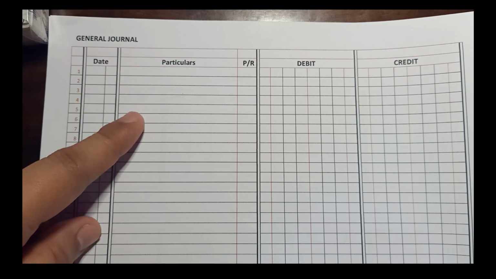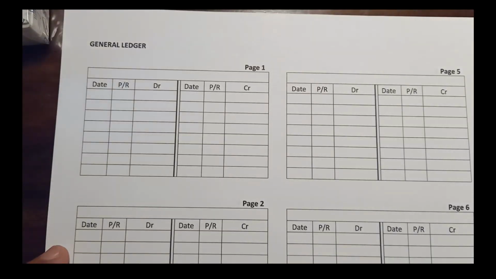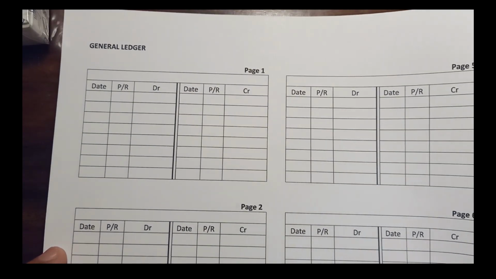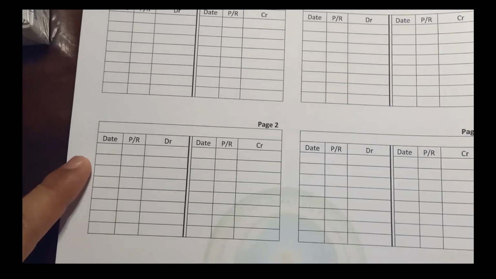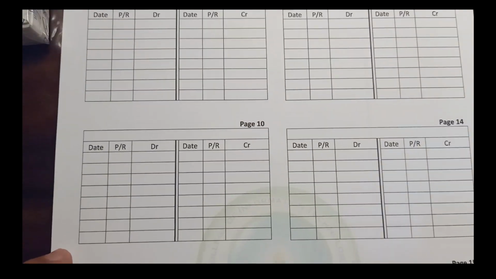Okay? On our business transactions. Okay? And then, after we accomplish the journal sheet, dito naman po tayo sa posting entry, sa ledger po. So, we prepared until page 16.